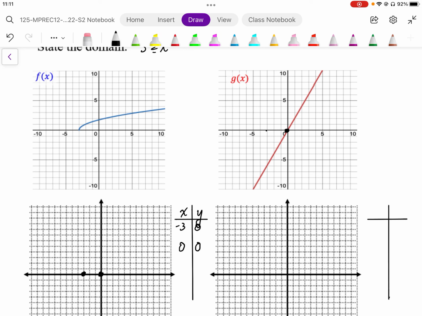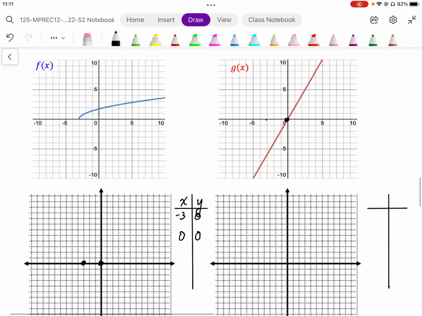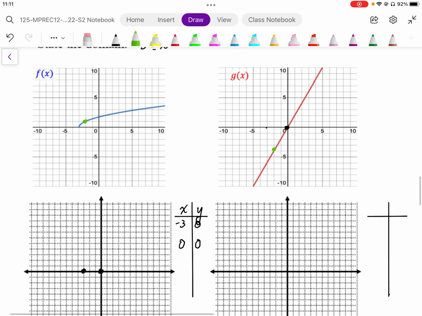I want to know what's happening in between -3 and 0, so I'm going to choose a convenient point. I'm going to look at -2, because -2 gives me some very useful coordinates. When we have -2, f of x is equal to +1 and g of x is equal to -4.